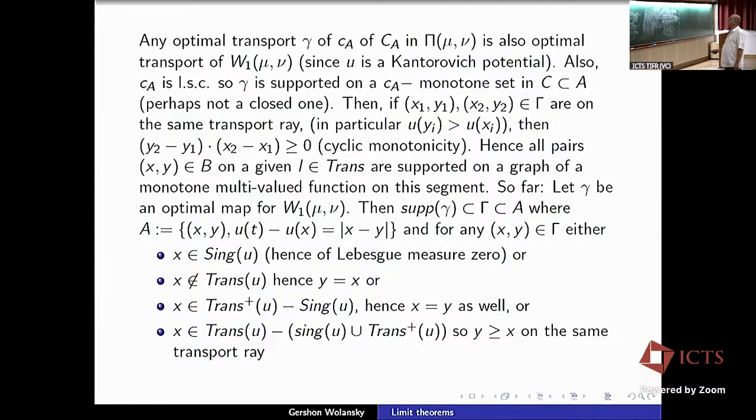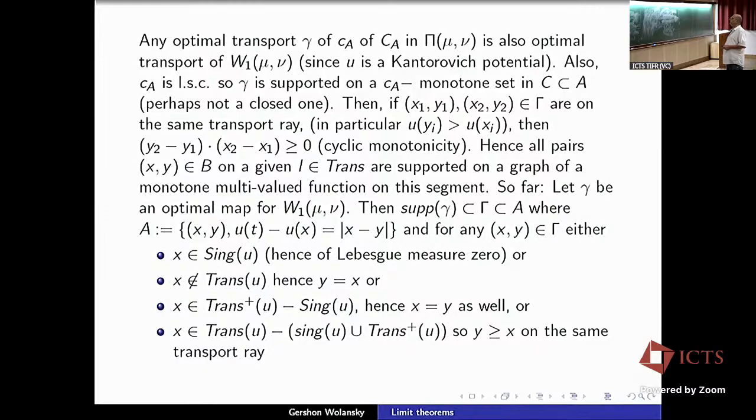Let me repeat again. Take any pair x and y in gamma, in the set which contains the support of gamma, which is contained in A. Gamma is the support of the optimal measure.